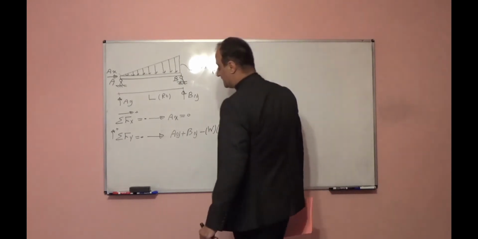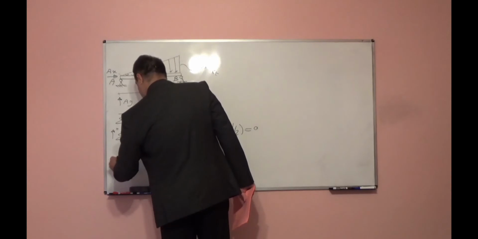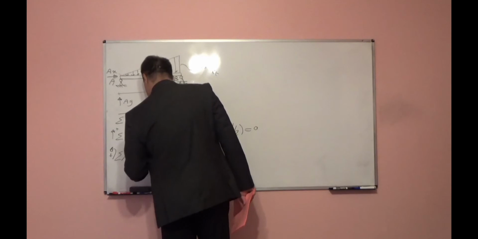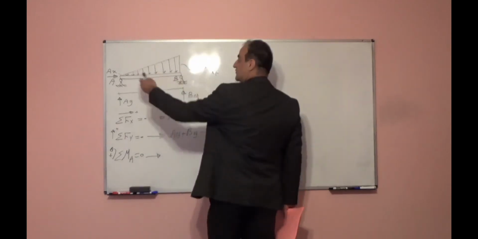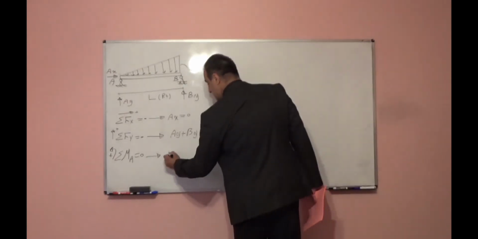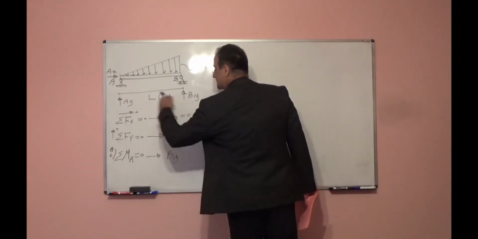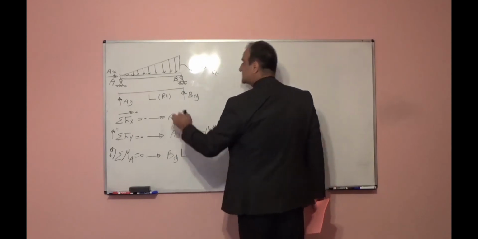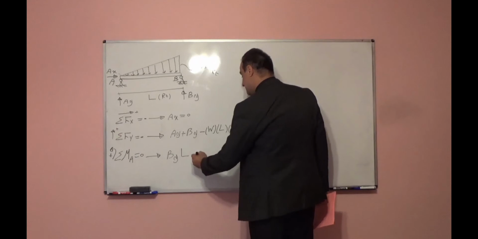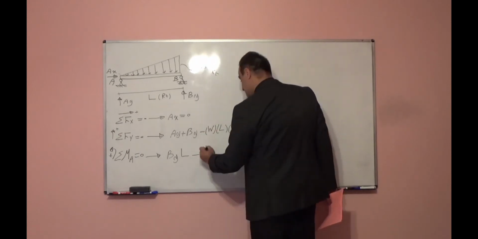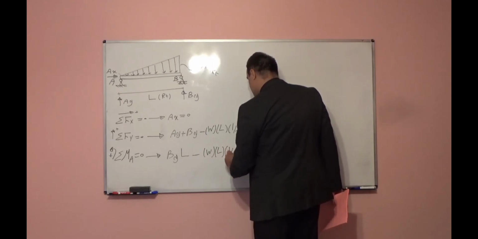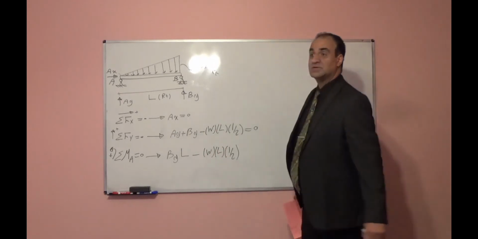is equal to 0. Another equilibrium equation, again summation of moment, for example, with respect to point A is equal to 0. You can write with respect to point B or A. I'm writing with respect to point A. So BY times distance L wants to rotate this beam counterclockwise, so positive, minus W times L times 1 over 2, this will be the resultant force.